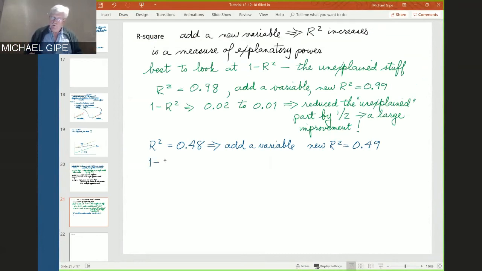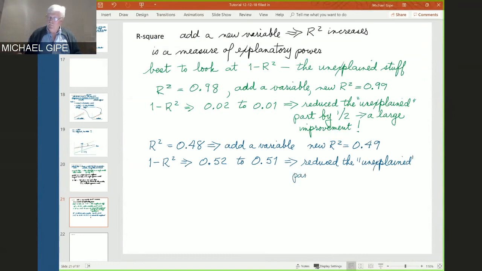But if we look at it from the unexplained viewpoint, we're going from 0.52 to 0.51. And we have reduced the unexplained part by 1/50th. Not a large improvement.